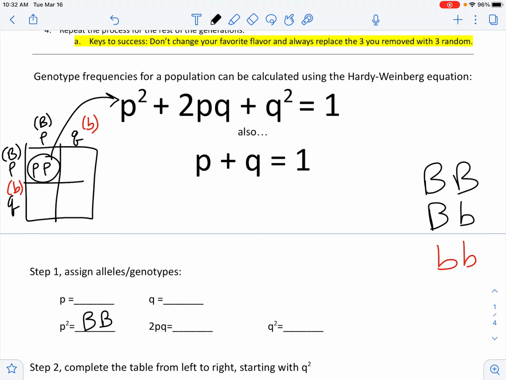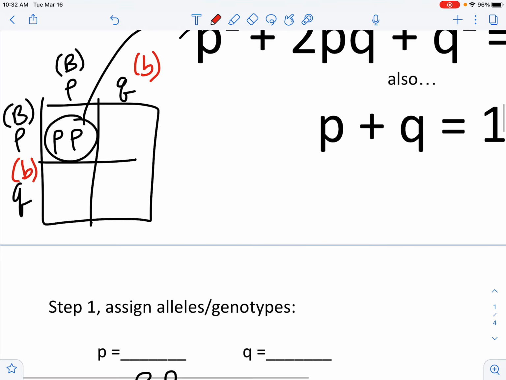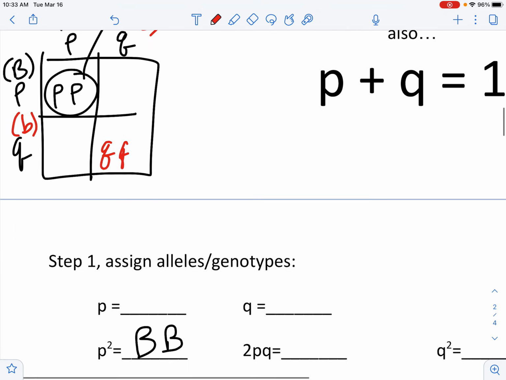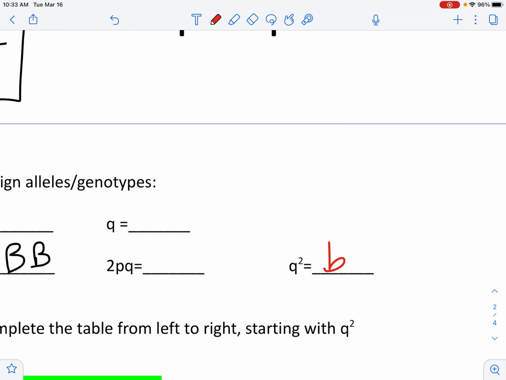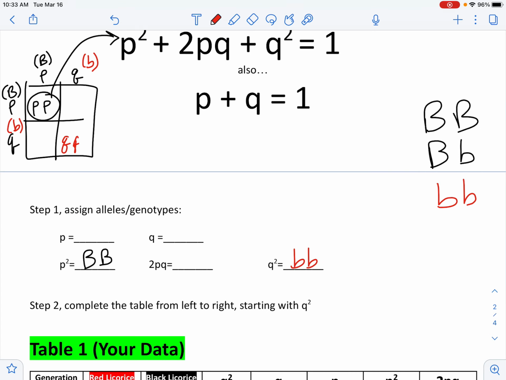homozygous dominant genotype. And then, if you're going to fill out a Punnett square, wouldn't this one be Q and Q? Right, so that would be Q squared, because you bring the Q's over and across. And so Q squared, wouldn't that be the same as saying little b little b?